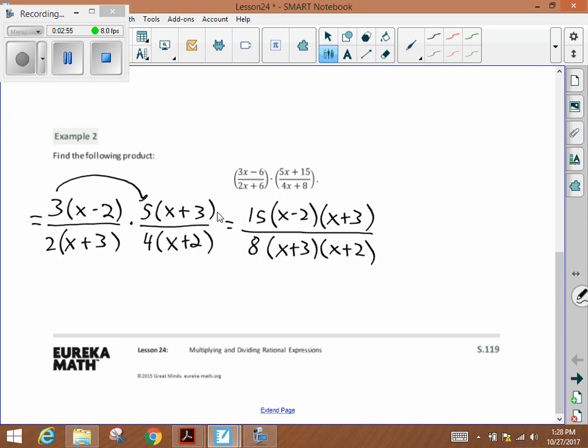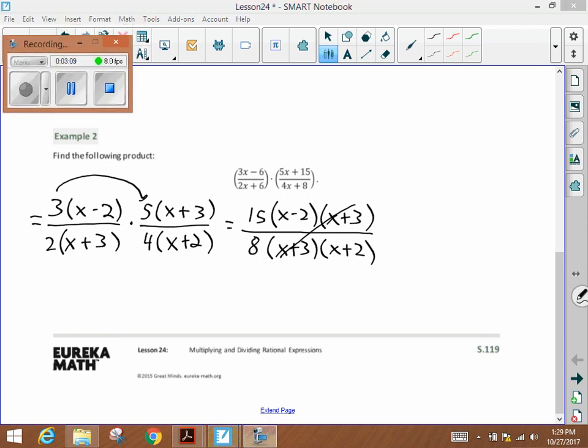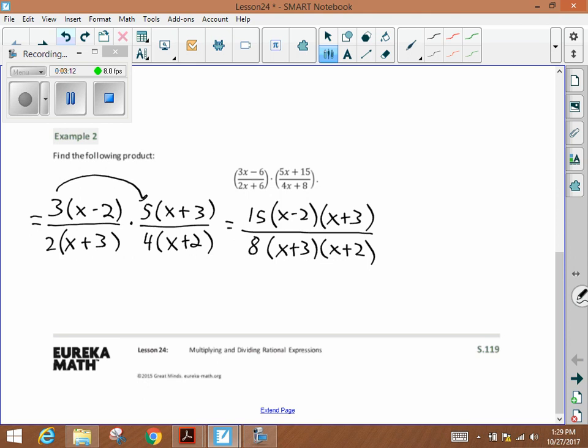All right, I'm going to rewrite this so that you can kind of see what's going on here. A lot of times teachers will just go ahead and say, oh, that cancels. I'm going to show you why, just really explicitly, rather than just saying, hey, they cancel. What's going on is I can split these things up. Since it's multiplication, I can rewrite them in a different order, and I can even say, hey, that's 15/8 times x minus 2 over x plus 2 times x plus 3 over x plus 3.